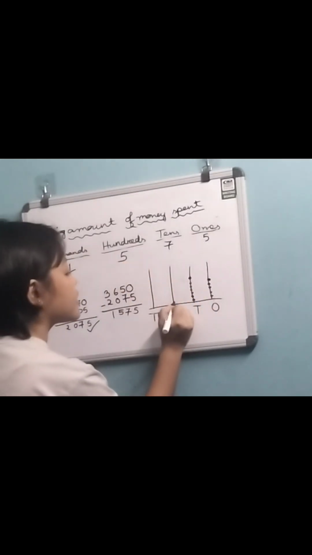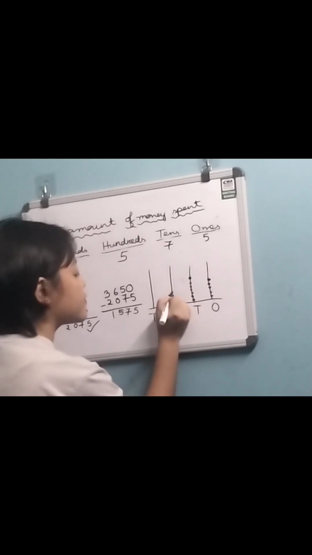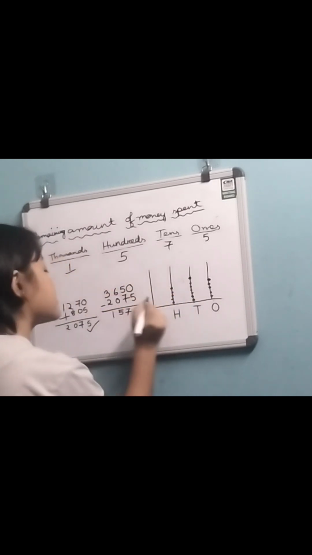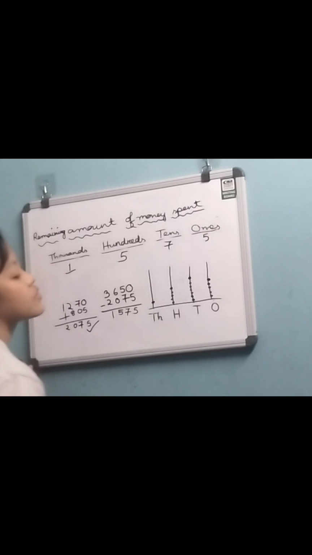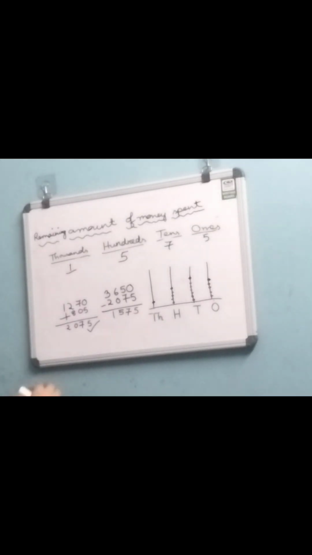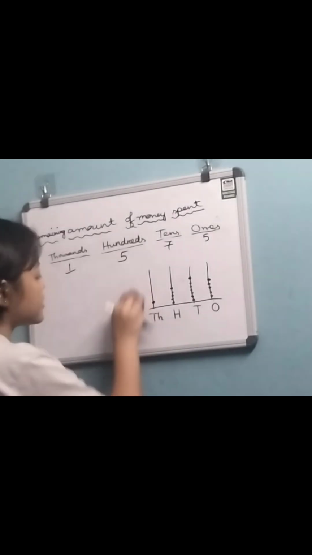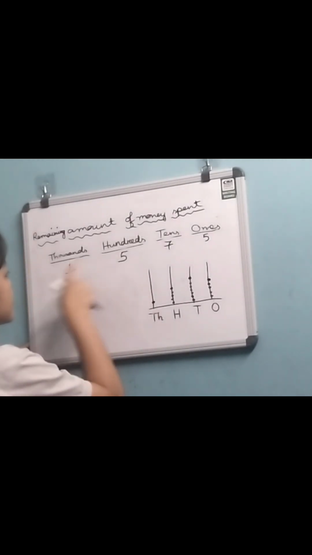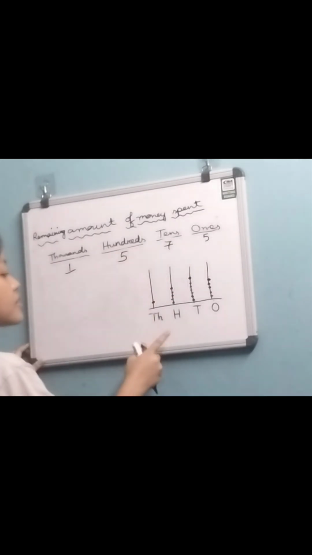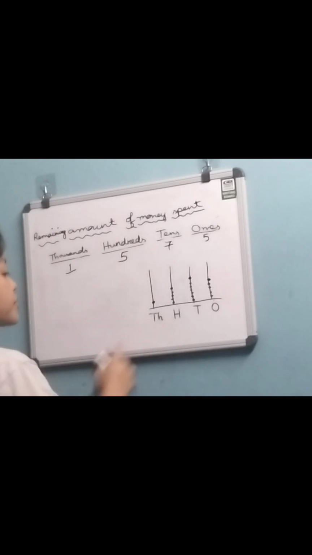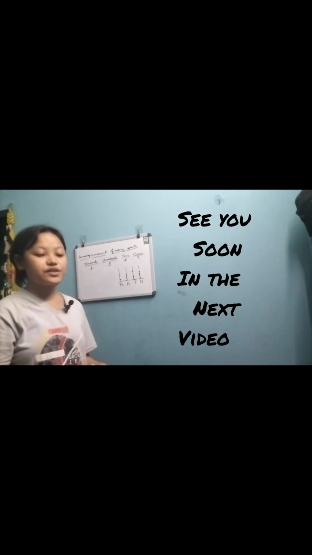In place of hundreds, we have 5, 1, 2, 3, 4, 5. In place of thousands, we have 1. So this is how you should write the numbers in the table, and in abacus, this is how you should draw. So yes, that's the first part of the chapter.